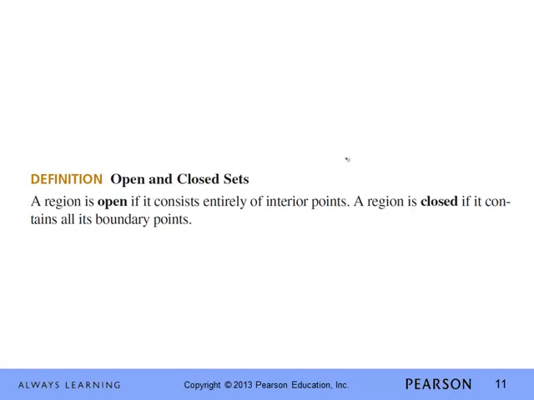Okay. Does everybody understand the difference between an open point and a closed point? Or an open set and a closed set? Interior point versus a boundary point? Any questions about that? Kind of obscure sort of stuff to start thinking about.